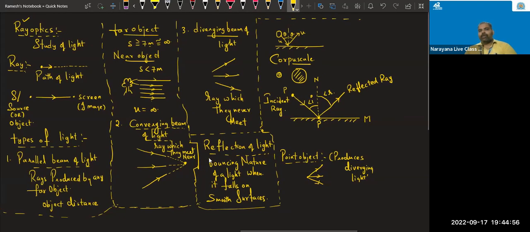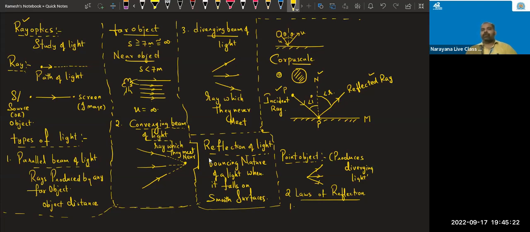So there are majorly two laws of reflection. First one is very important: the incident ray, normal line, and reflected ray always reside in the same plane.